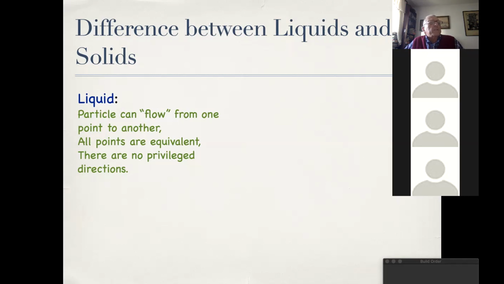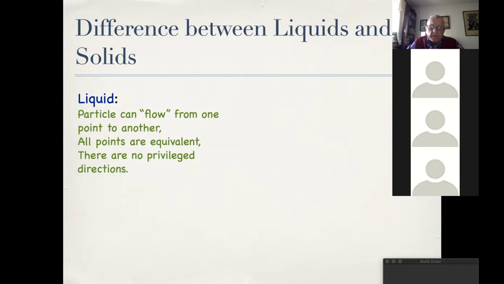And that liquid crystal display uses liquid crystals, substances discovered at the turn of the 19th and 20th century. They are, in a sense, both liquids and solids. They flow, but they have privileged directions, and not all the points in the liquid crystal are equivalent.